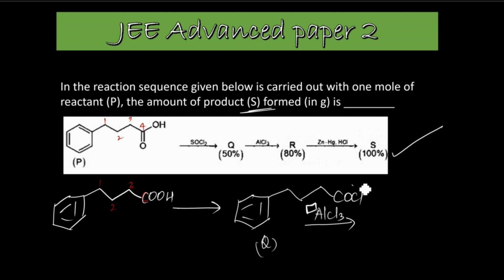It will accept the Cl, so this position becomes plus. It will lead to the formation of a ring over here. So 1, 2, 3, 1, 2, 3, and in the fourth carbon I'm having CO. Right? So that is our R.